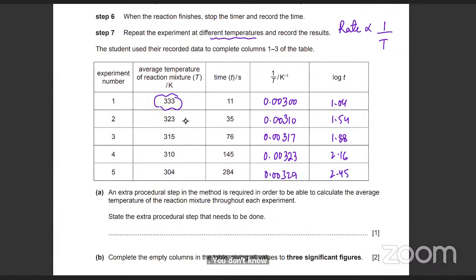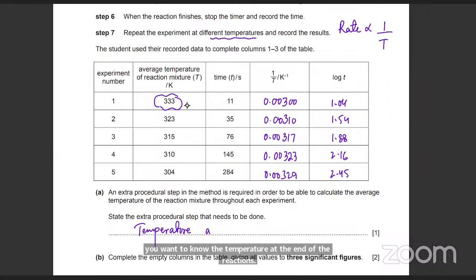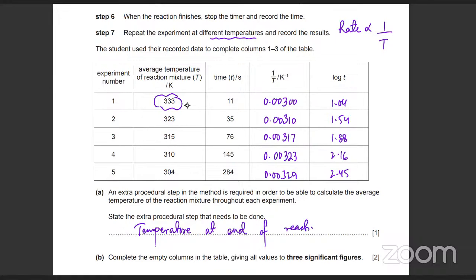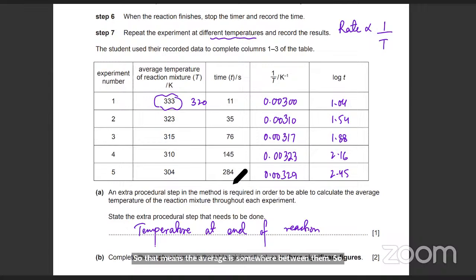This reaction took 11 seconds, so you want to know the temperature at the end of the reaction, because then you can calculate the average. For example, you started at 333, and by the end of the reaction the temperature had dropped to 320. So the average is somewhere between them. You take the two values and divide by 2.